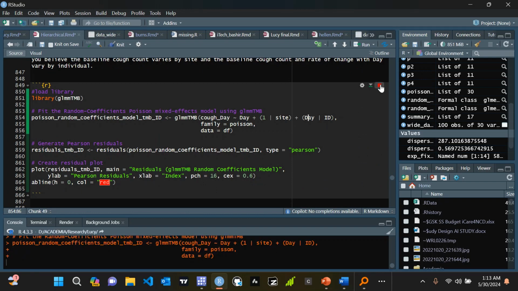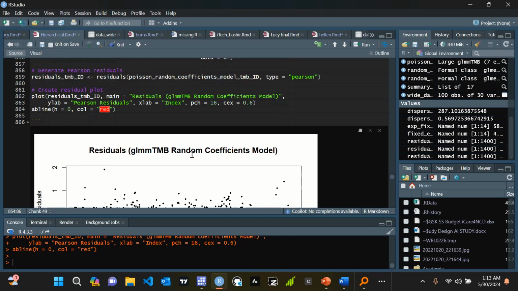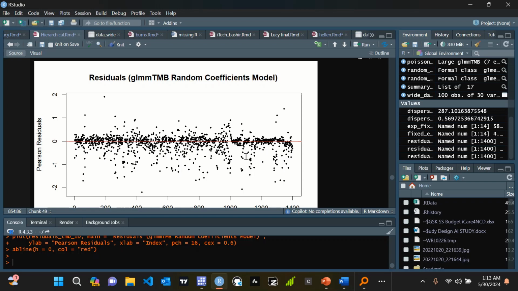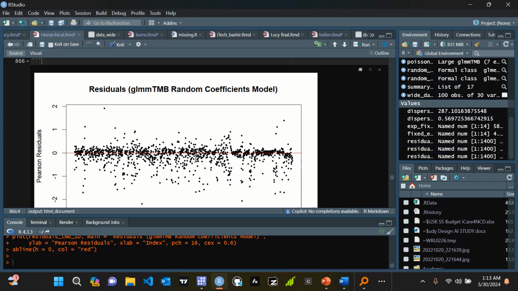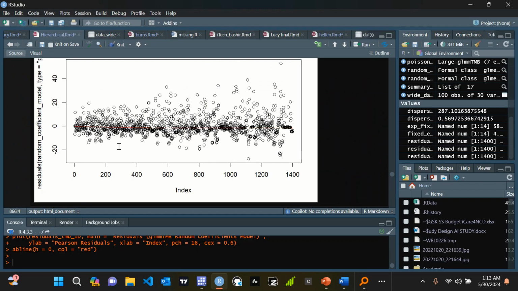So let's go ahead and fix this Poisson model. I hope this one is not going to take long. Yeah, it hasn't. You see now how this is perfect for our data. Almost every point is around 0. Those below are just within -1, as compared to this one where it even goes to -20.